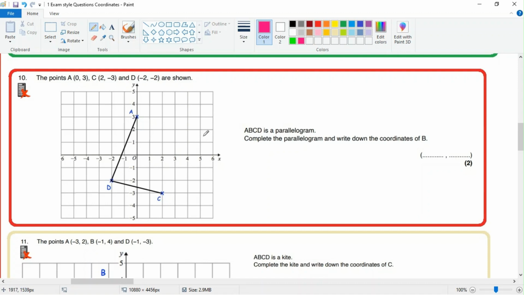That means this is going to be 1, 2, 3, 4, 5 and 2 here. So this is going to be the point. Because if you look at D and C, it is going 1, 2, 3, 4 and 1 down. So from here 1, 2, 3, 4 and 1 down. That's how you get this parallelogram.